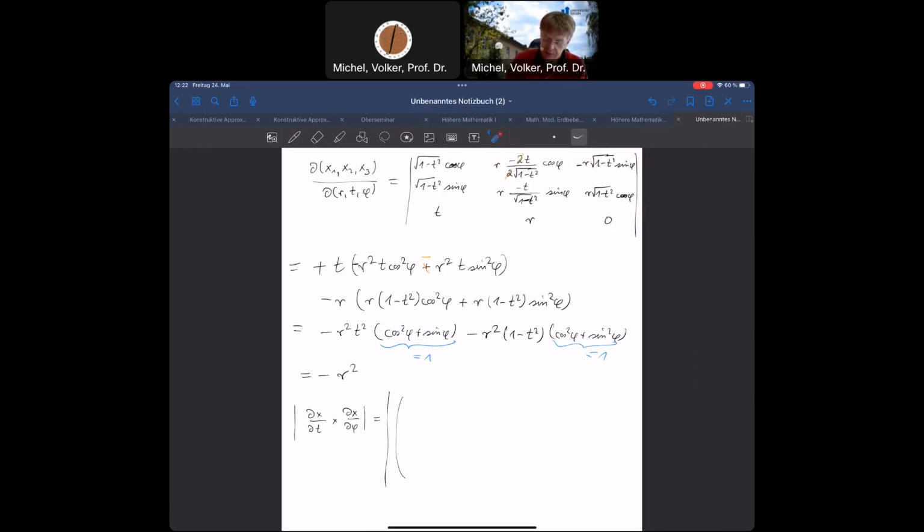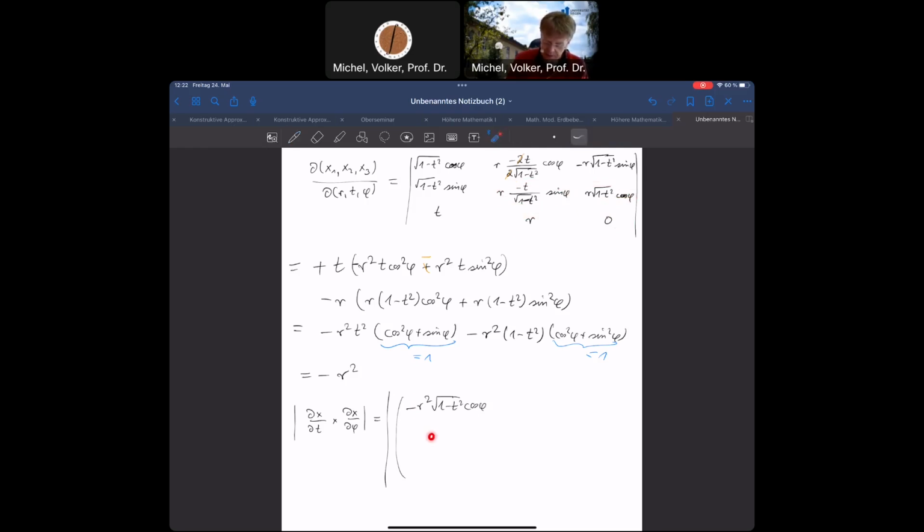So if you calculate the cross product, you have here the first component, and the first component first takes the second with the third, which is a 0, which is easy, minus that one with that one. So it gives you a minus r squared square root of 1 minus t squared cosine phi.